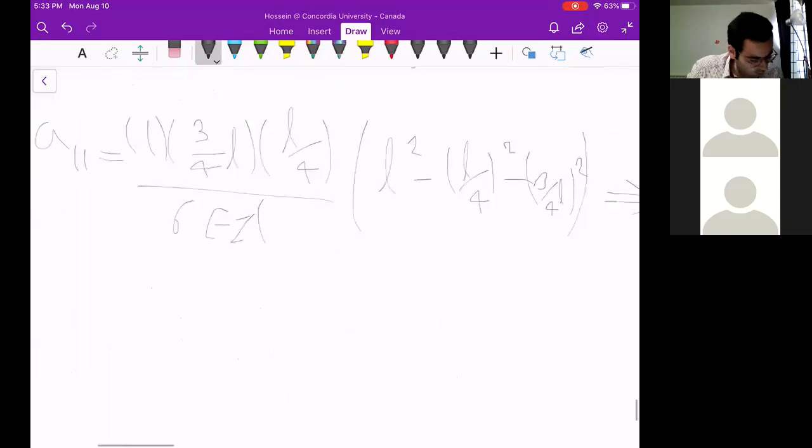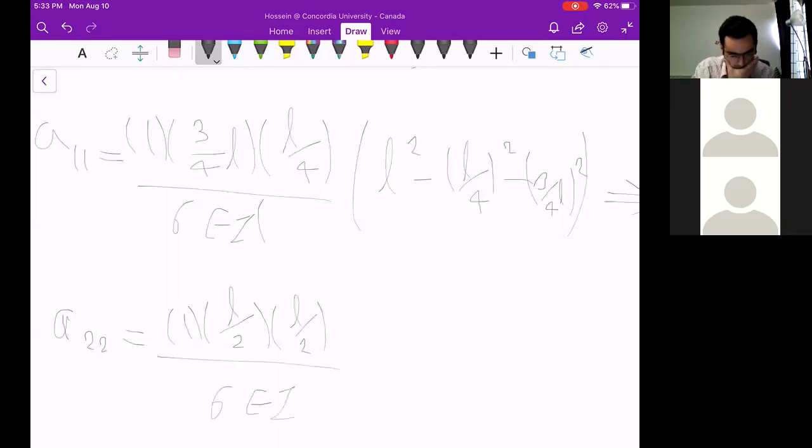Similarly, A22 is the deflection at point 2 due to unit force at 2. So P is 1, x is L over 2, B is L over 2, over 6EI, times L squared minus x squared minus B squared.